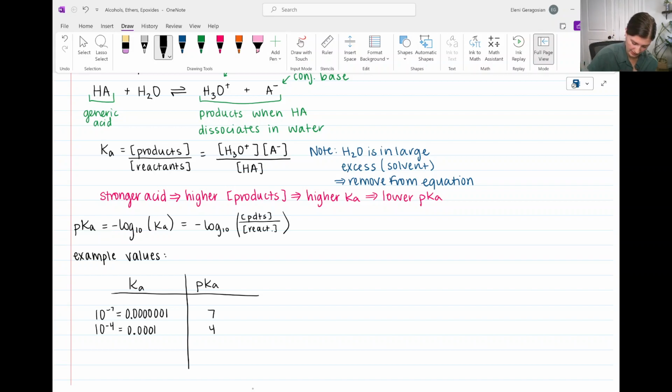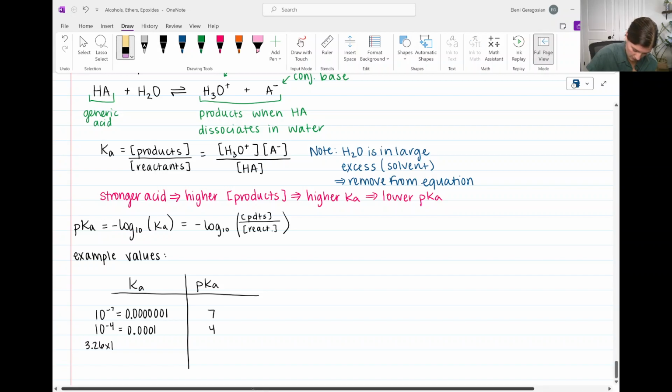We have a Ka of 3.26 times 10 to the negative 3. This is 0.00326, and its pKa is 2.49. You might notice that if we have a negative exponent in the scientific notation, then we have a positive pKa value.